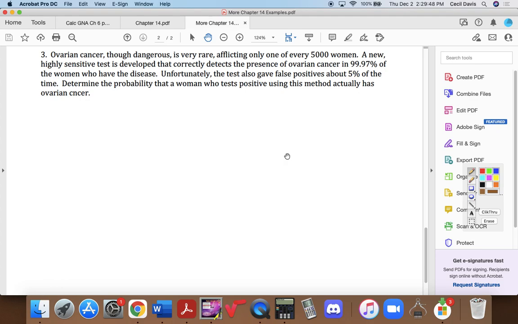Do you know 100% of people with ovarian cancer are women? But that's not true for breast cancer, because men do have breast cancer. Prostate, there's a type of cancer where it's the men.